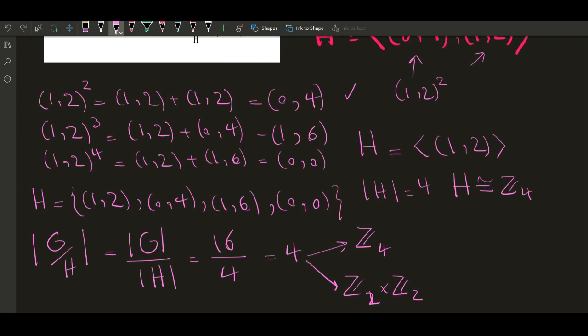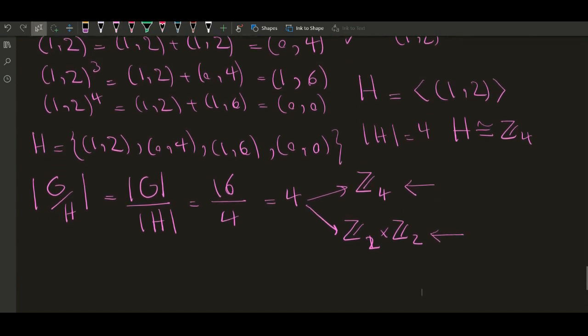All right, now we have to determine which group our quotient group is isomorphic to. If we find an element of order 4, we can conclude that our quotient group is isomorphic to C4. But if all elements that we calculate are either of order 1 or 2, we can conclude that it is isomorphic to Z2 cross Z2.